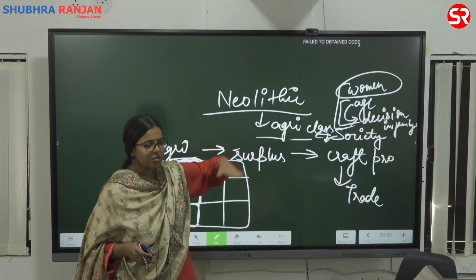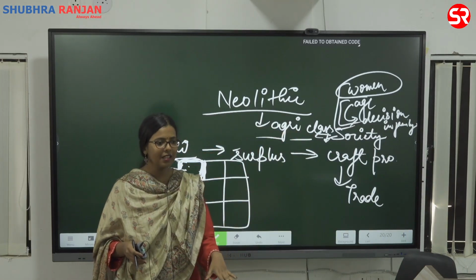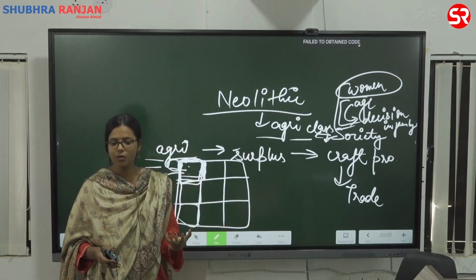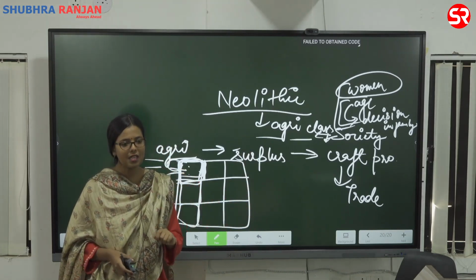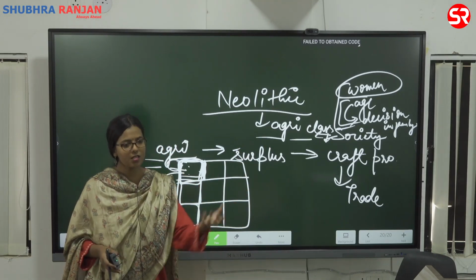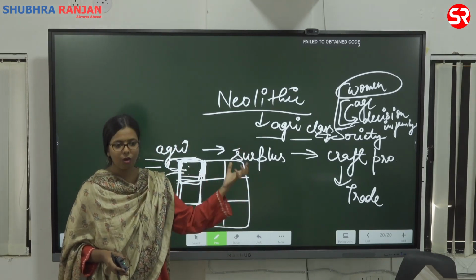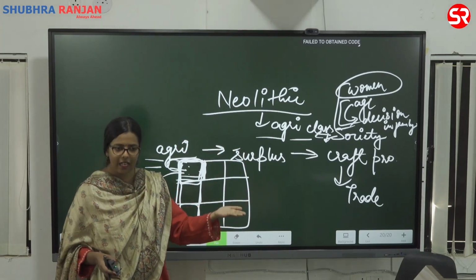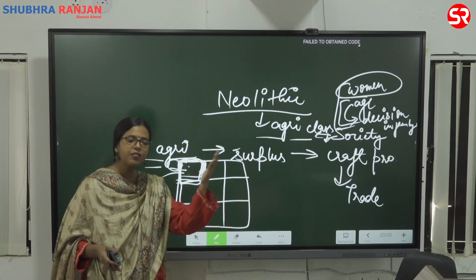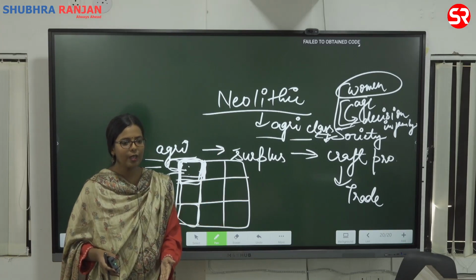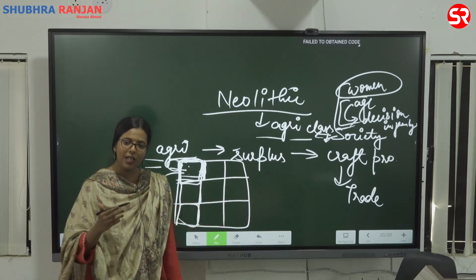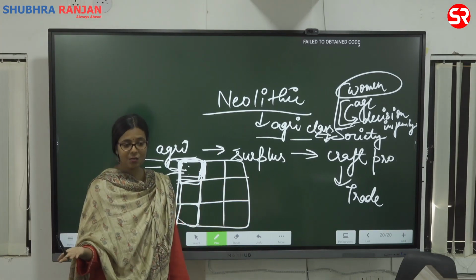This is going to establish a clear-cut hierarchy in the society. These people will start saying, if we are enforcing the rules, how are we supposed to practice agriculture? You will start giving them some crop, you will start giving them certain crafts. So they are gaining the resources without working for it. Okay, so there will be emergence of a class who is going to acquire resources as taxes maybe.